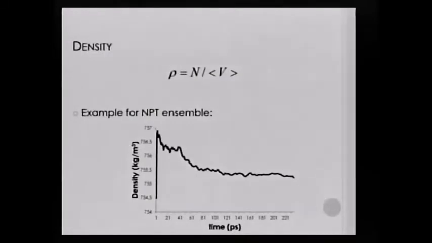For example, we have an NPT ensemble where we have a density that will change over time, because in this example, the volume of your simulation box will change. So in this case, your density will be an output of your simulation. If you have, for example, an NVE or NVT ensemble, your density will not change over time because the volume and the number of atoms will not change over time.